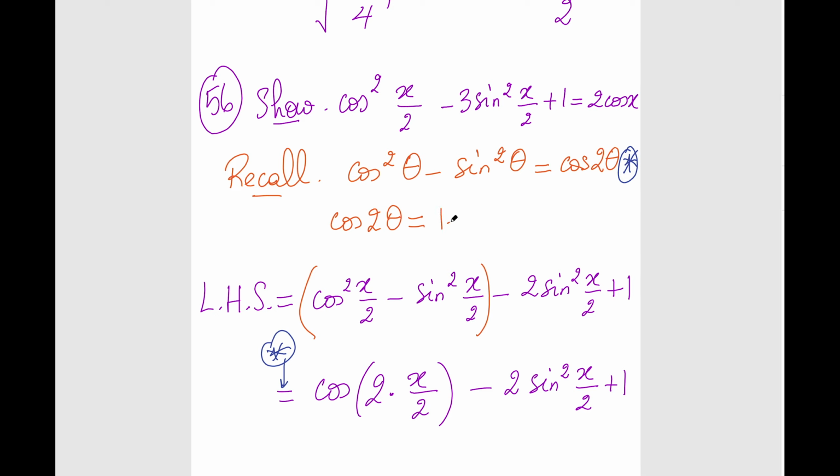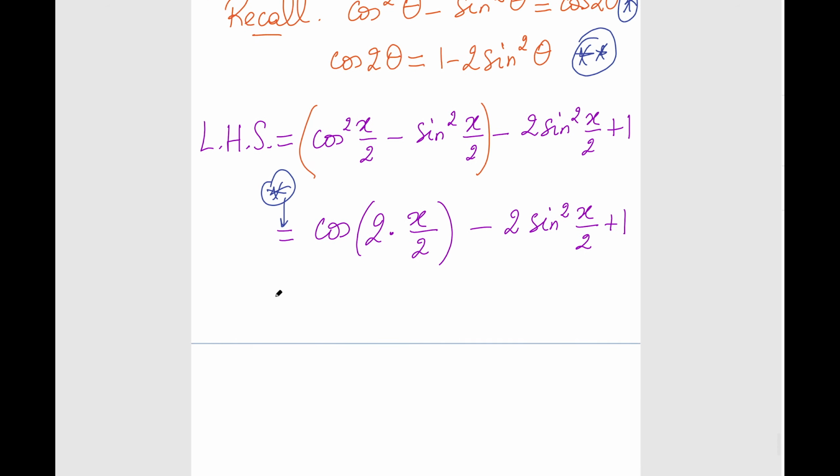Another one is 1 minus 2 sine squared of theta. Again, go back to the double angle formula and you're going to see it. How about we label this as double asterisks? And where am I going to use it? I'm going to use it right here. Let me set the stage for it.